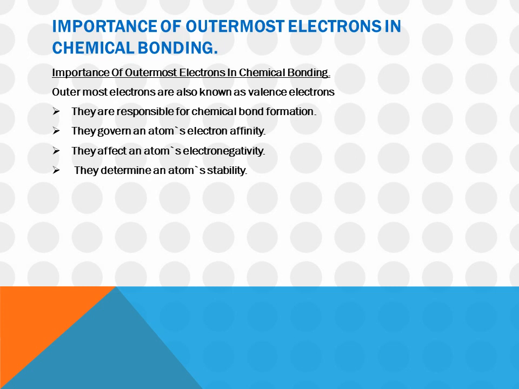Yes, it's all about that. Then we have another importance, which says that they affect an atom's electronegativity. Electronegativity is a chemical property that measures the tendency or power of an atom to attract electron density from another atom to itself.